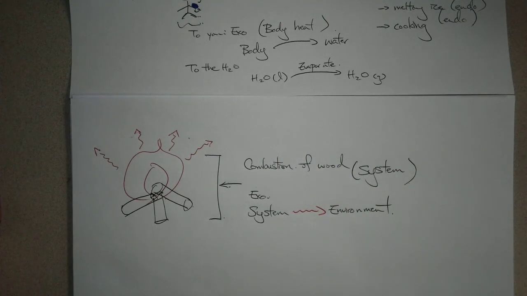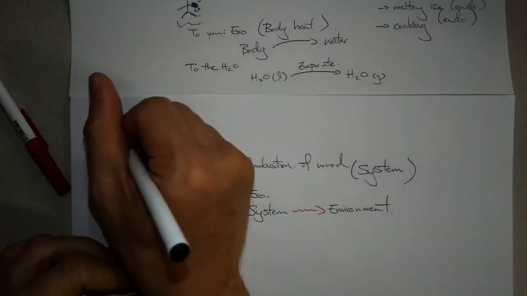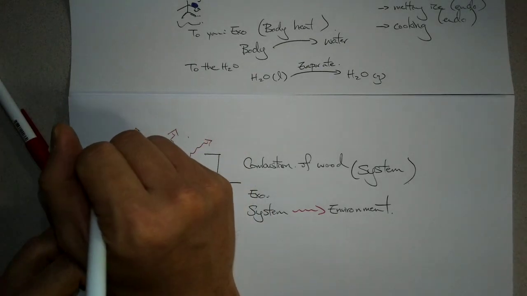Do you guys follow so far? So heat in this case goes from the system into the environment. Clear? Now, also, when I go barbecuing, I like to grill meat.